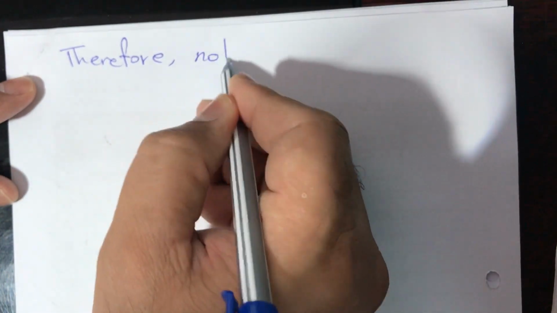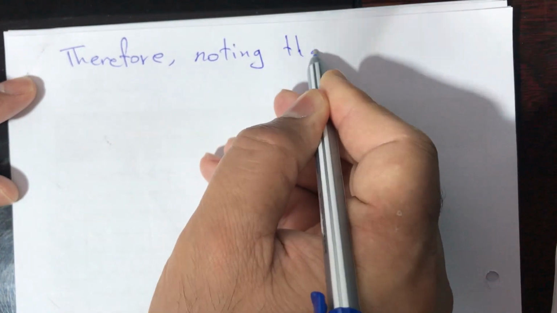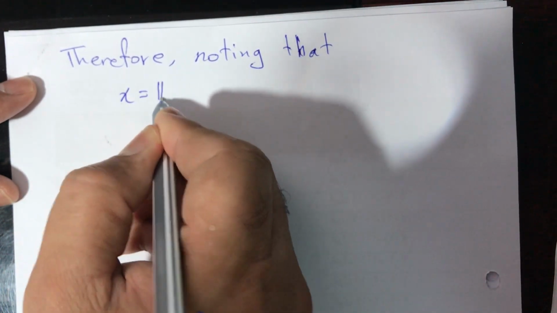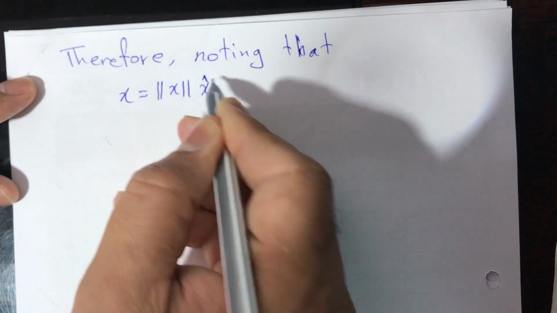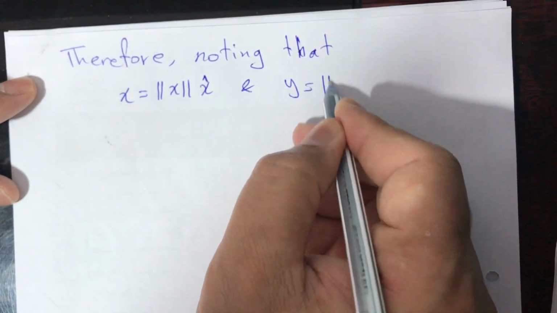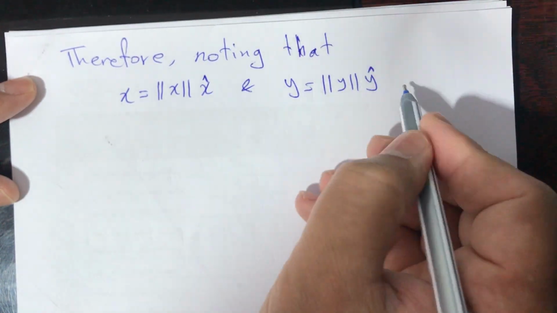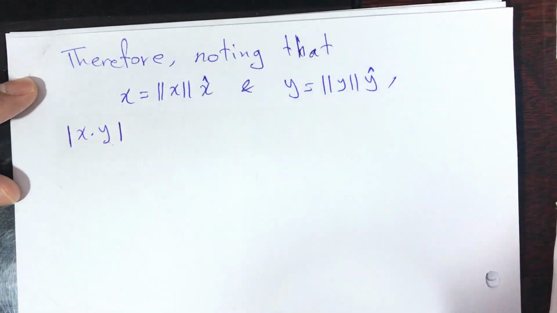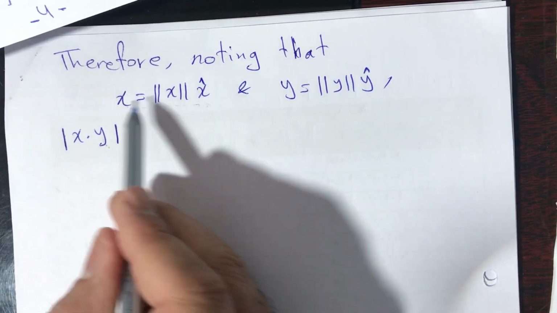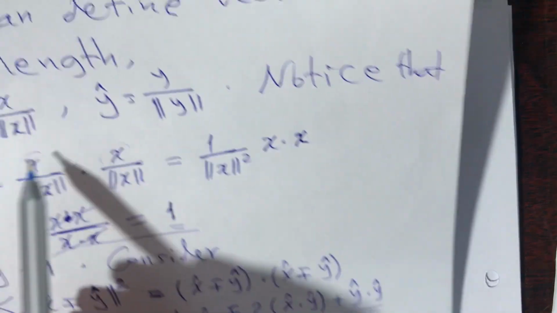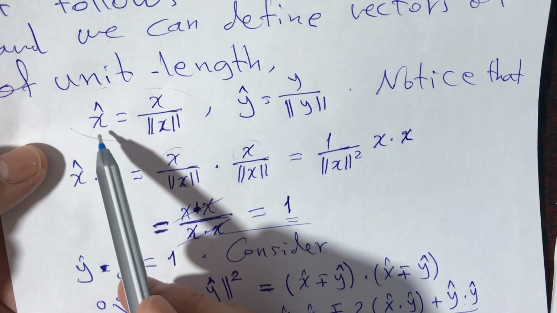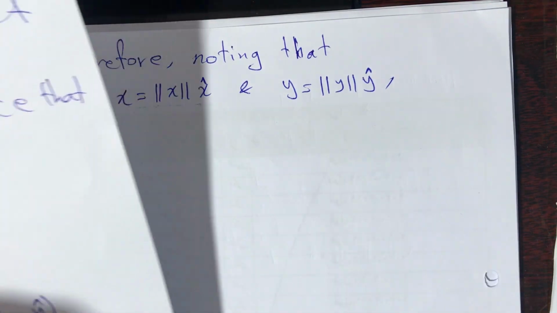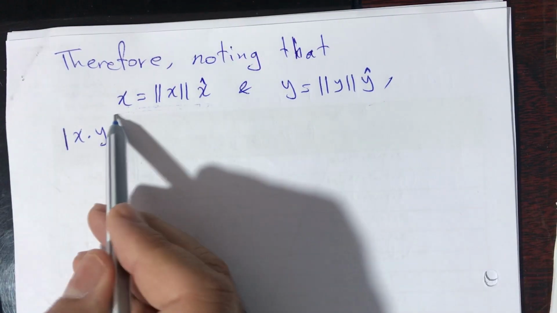Therefore, noting that norm x is equal to norm of x hat, and norm y is equal to norm of y hat, we get this from the definition of x hat and y hat.